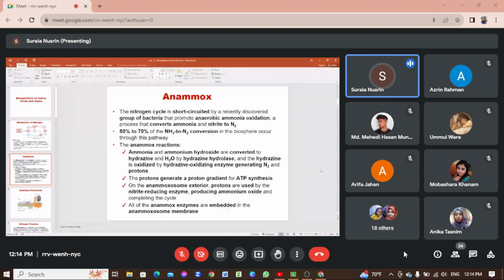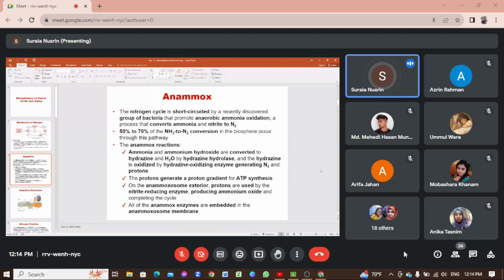Next one, we will focus on this anammox group of bacteria, where the nitrogen cycle is short circuited. These bacteria are anaerobic bacteria, and they do the anaerobic ammonia oxidation, by which the ammonia and the nitrite are converted to nitrogen.